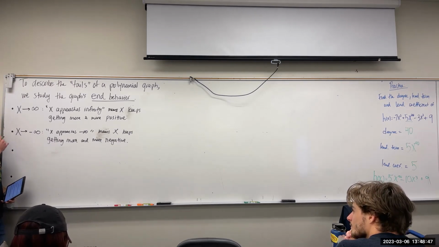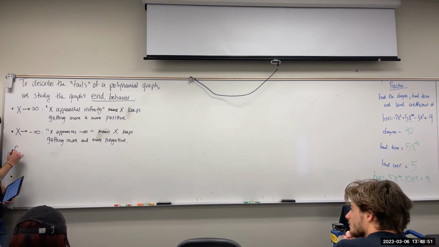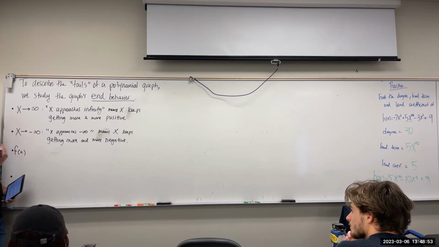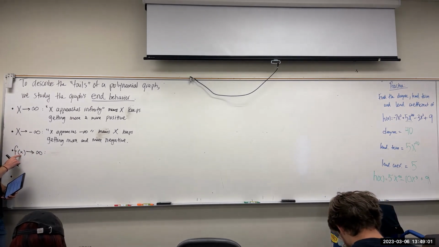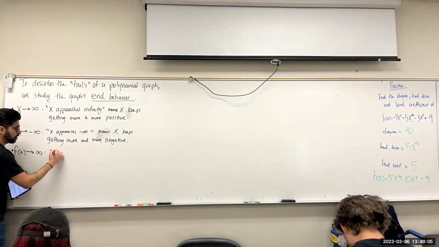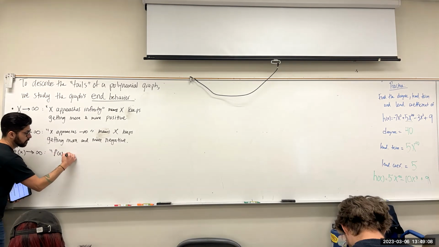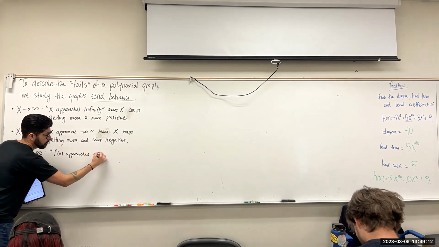Now instead of saying x is approaching something, we're going to say f of x, which are the output values, are approaching infinity. That's different. This is not talking about x. It's talking about the output values, which most of the time we're thinking of as the y values. So you read this as f of x approaches positive infinity.